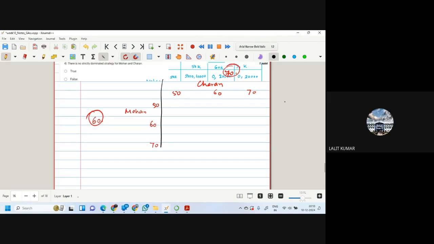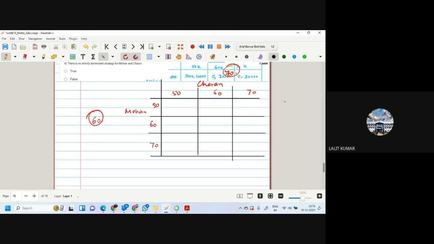Now let's take an example. Mohan 50, Charan 50. The probability of winning is half because they're doing a toss. So his probability is half and his probability is half. What will be the payoff?